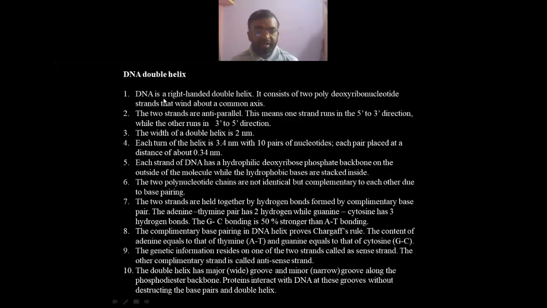Means 10 base pairs require 34 angstrom, hence the distance is 0.34. These are very important many times as far as multiple choice questions are concerned. From this data, mathematical examples are also there. We will solve these mathematical examples whenever time comes.